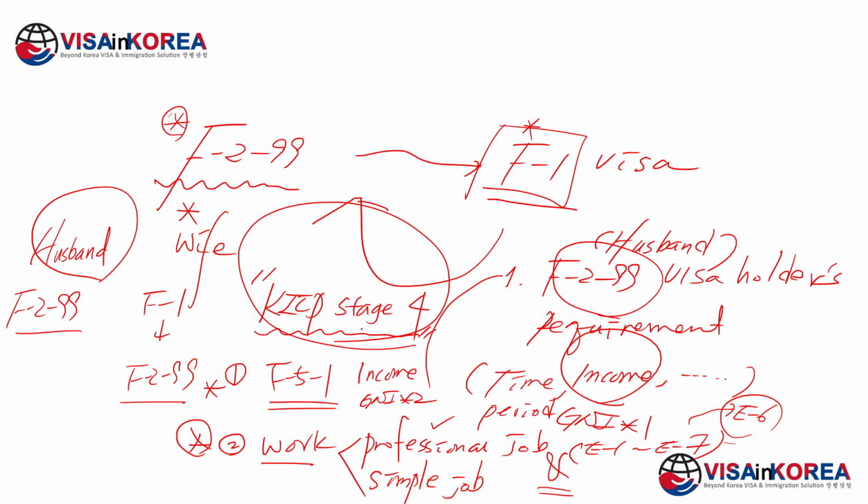The benefits: when you apply for permanent residency F-5-1, you and your husband can combine your incomes to meet double GNI. And you can do professional jobs and simple jobs, so almost all kinds of jobs. It means you and your husband can work together.